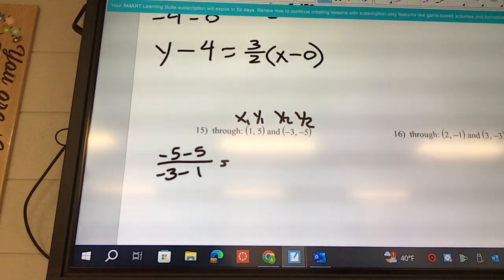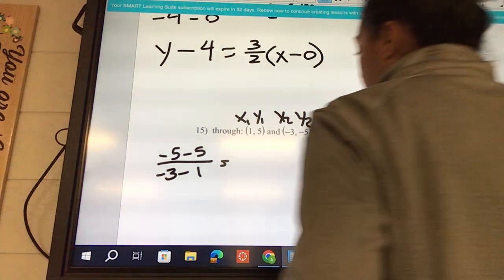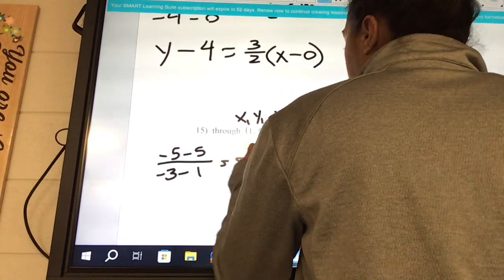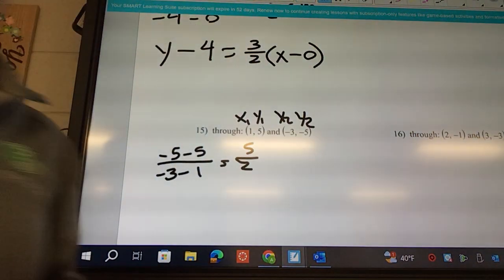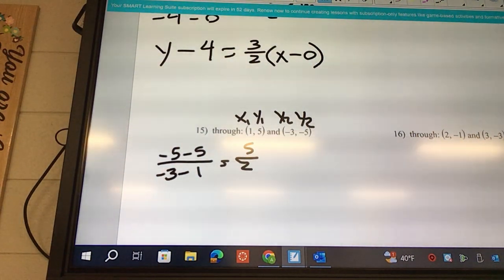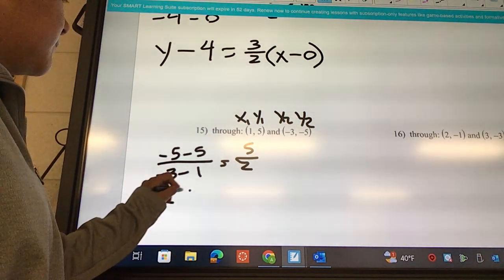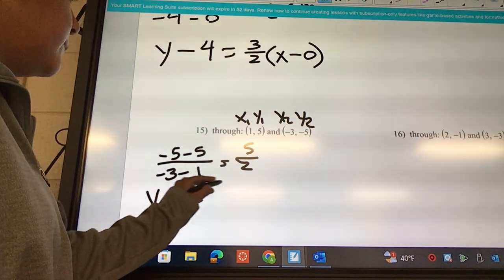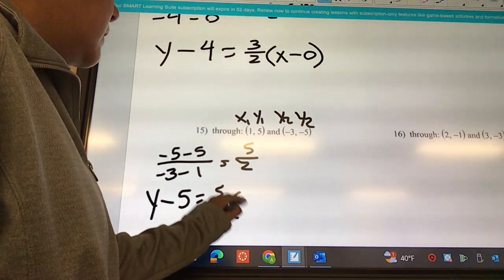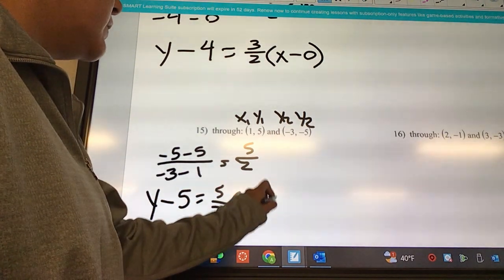Somebody agree? Okay, so 5 over 2, and that's going to be my M. So that one's going to look like y minus y1 is 5 equals my M, which is 5 over 2. X minus my x1 is 1.